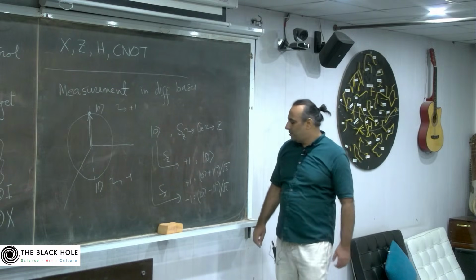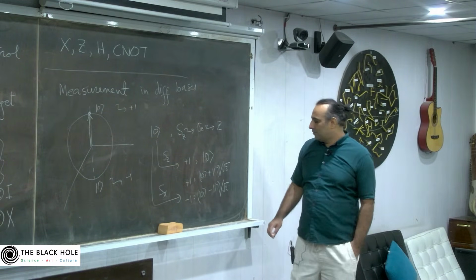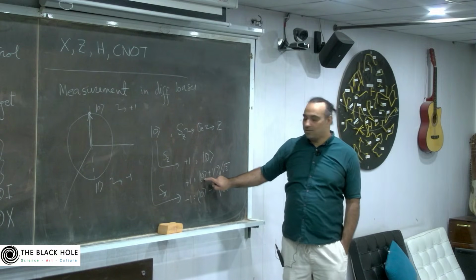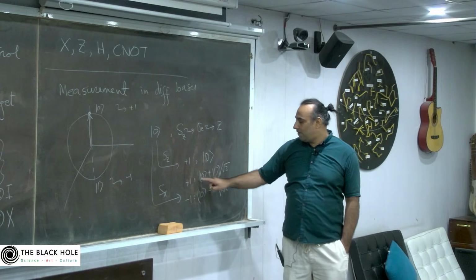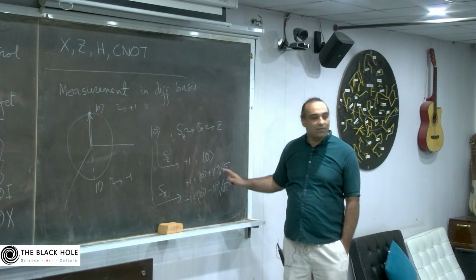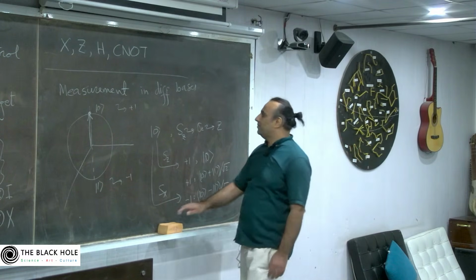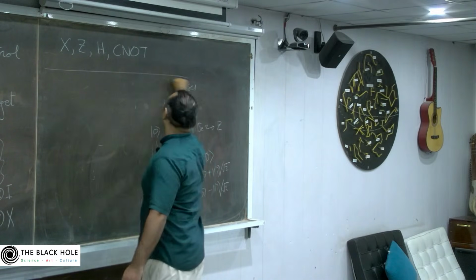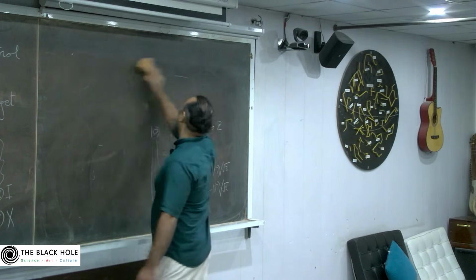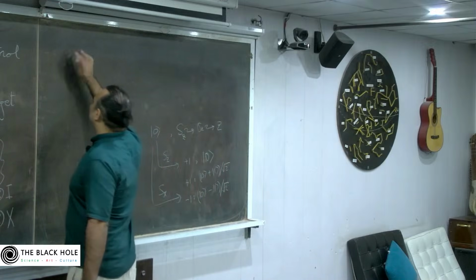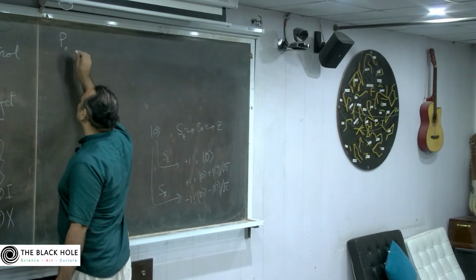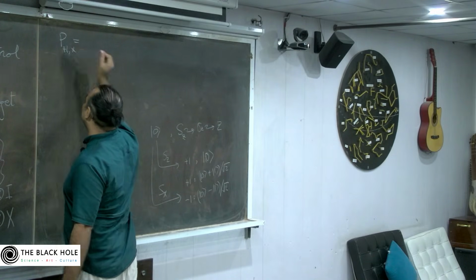Now you can talk about probabilities. If your system is in state 0, then you only have this 1 over square root 2. So let me write the probability to be in the state with +1 in the X basis.